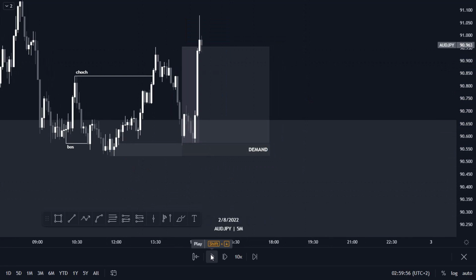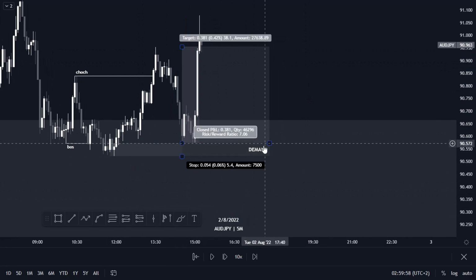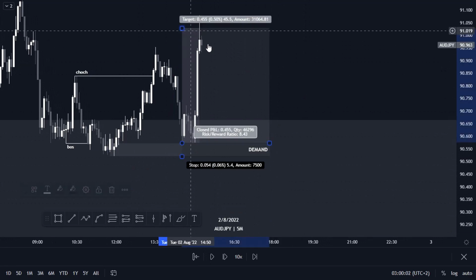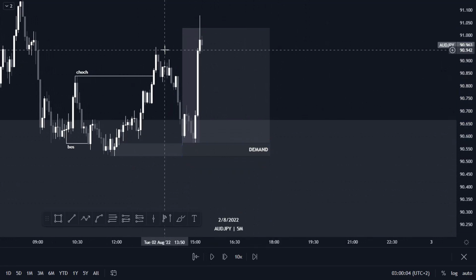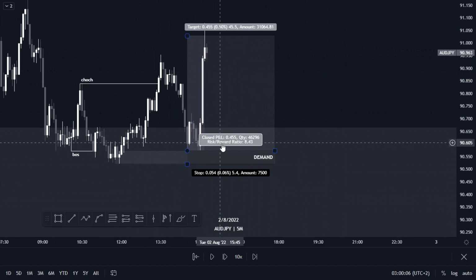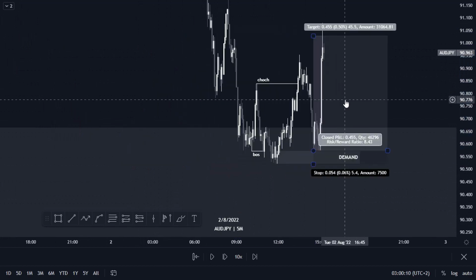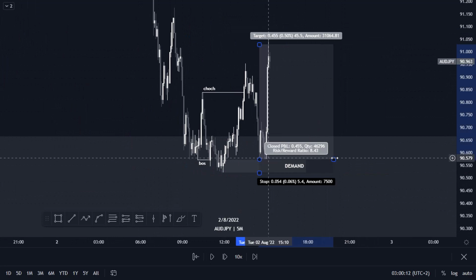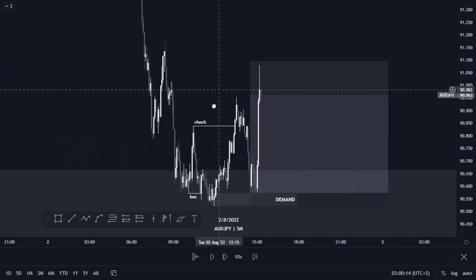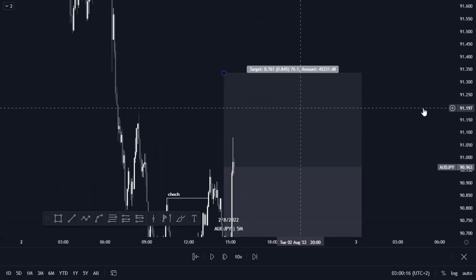Let's see. Okay, so price taps into our demand area and pushes beautifully to the upside. So now you took your partials here and you're locking your trade at break even here. So now let's see what it does. Let me just extend this and move to the higher time frame.